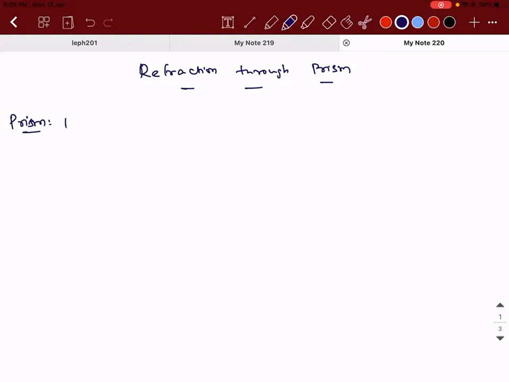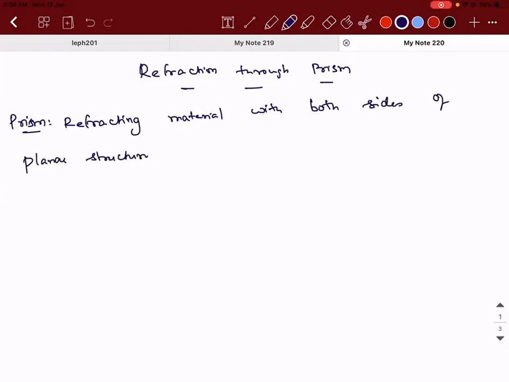So prism is basically a refracting medium or a refracting material with both sides of planar structure. So if I take a material like this, this side and this side is the way the light is going to travel and undergo refraction.